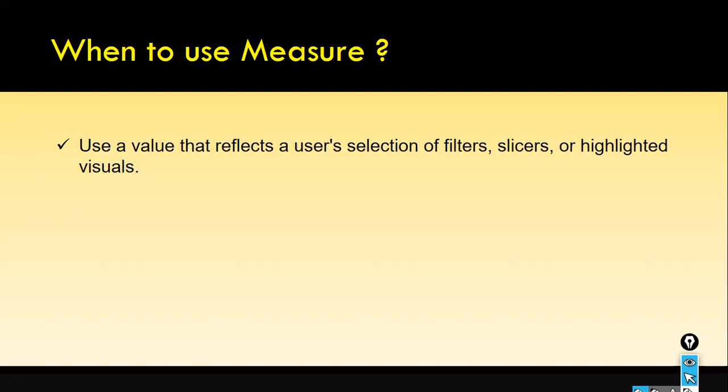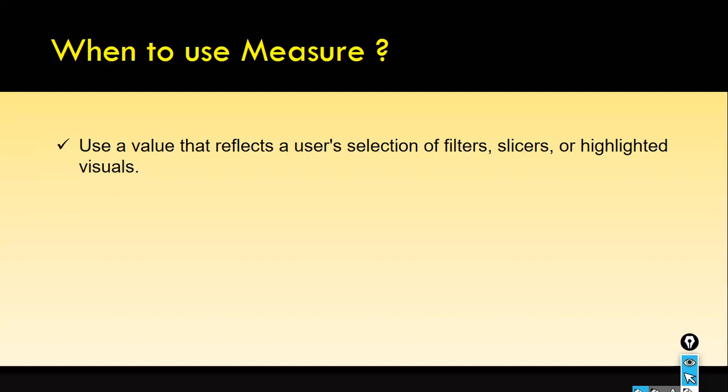If you want to make some selections, and based on the selection that you make in your slicer, you want the calculation to change dynamically, in that kind of situation you can go for measure. That's what I mentioned: it reflects the selection of filters or slicer or highlighted visuals. So what is a measure?